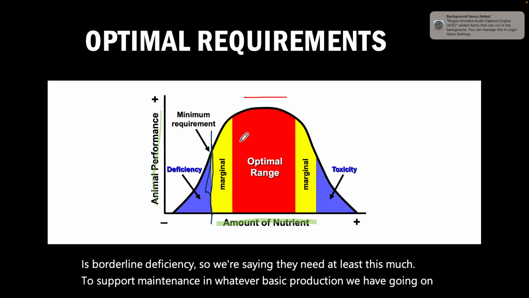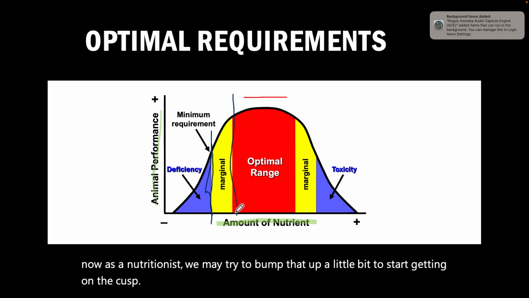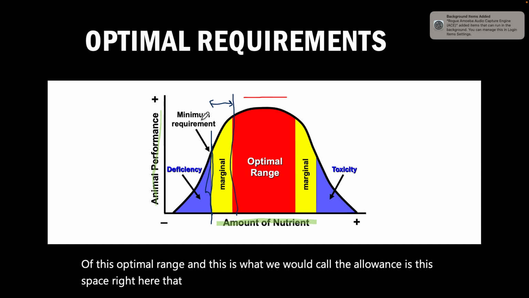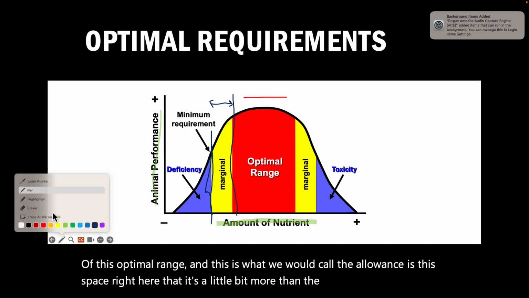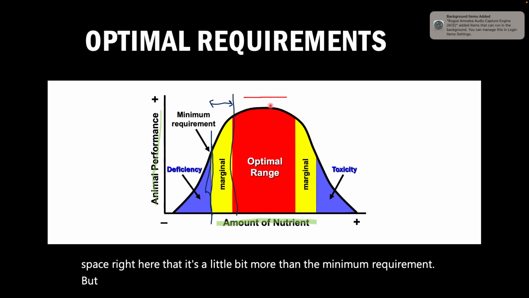Now, as a nutritionist, we may try to bump that up a little bit to start getting on the cusp of this optimal range. And this is what we would call the allowance, this space right here. It's a little bit more than the minimum requirement, but it's not quite to optimal production yet.